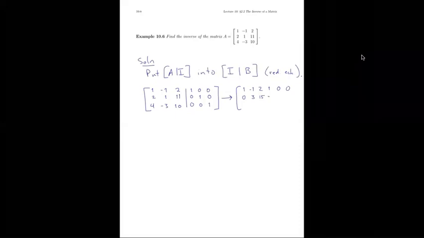And then this is -2, 1, 0. And then for the third row, we've got 0. And then 4 and -3 is 1. And then -8 and 10 is 2. And this is -4.